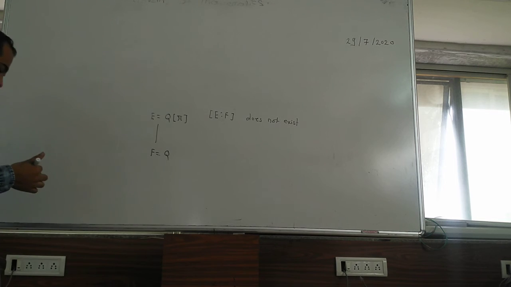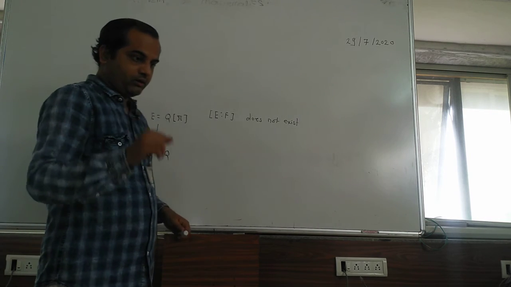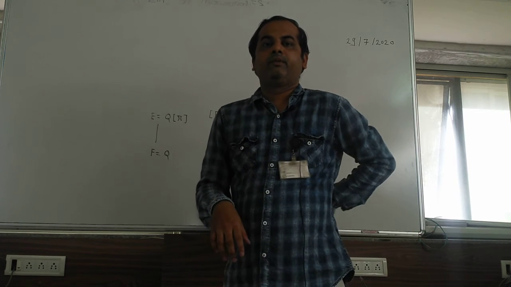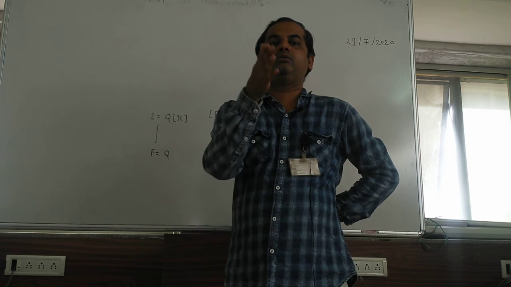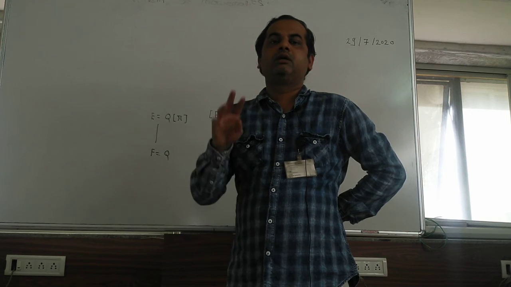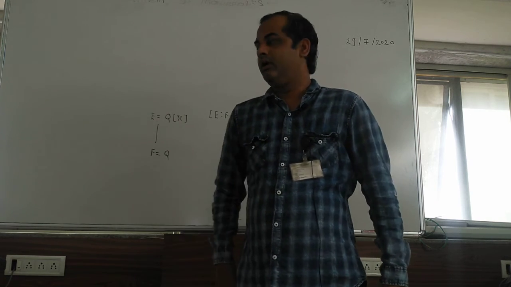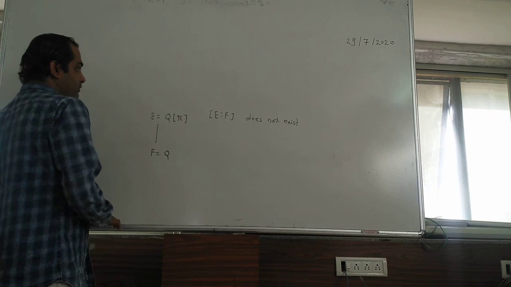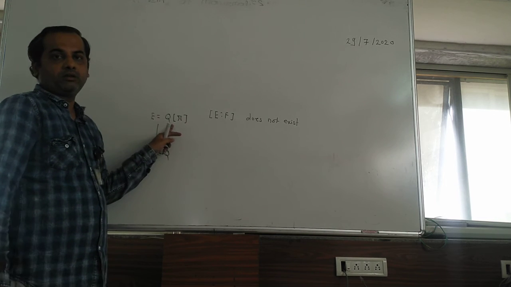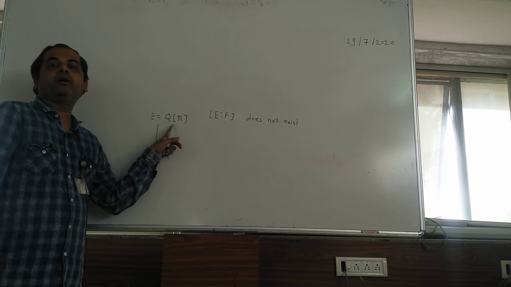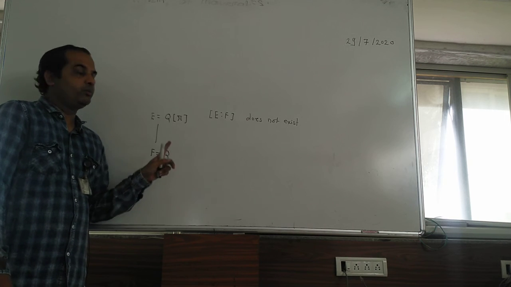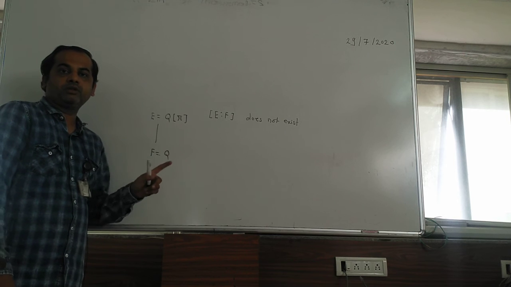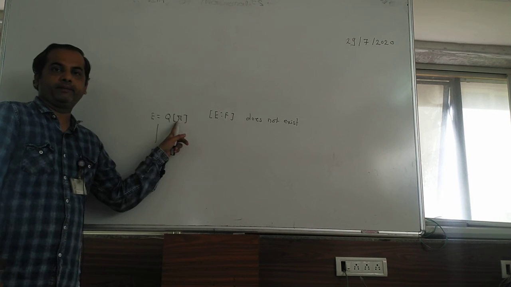Because as we proved in the first lecture, if a polynomial can be factorized into polynomials with rational coefficients, it can be factorized into polynomials with integer coefficients. So one cannot have a finite degree polynomial with rational coefficients whose root is pi.